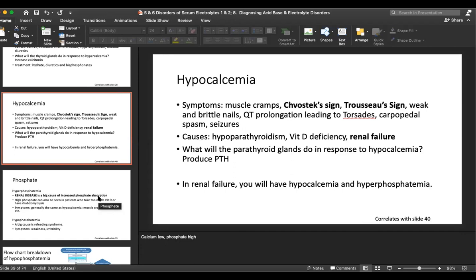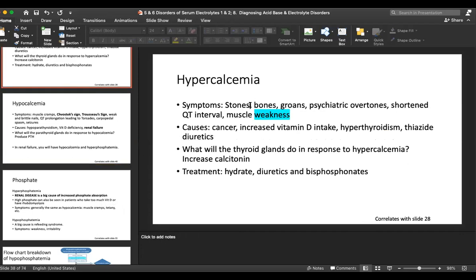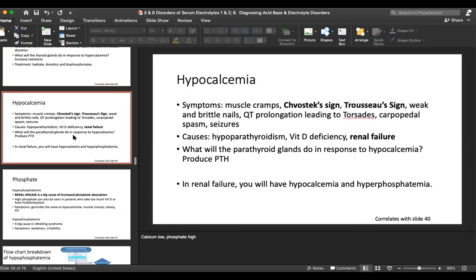Trousseau is where they take a blood pressure and then their arm pops up because they're having hypercontraction. So with hypercalcemia, they're having weakness, hypocontraction. With hypocalcemia, they're contracting too much. I would know carpopedal spasm, which is when the feet curl up.